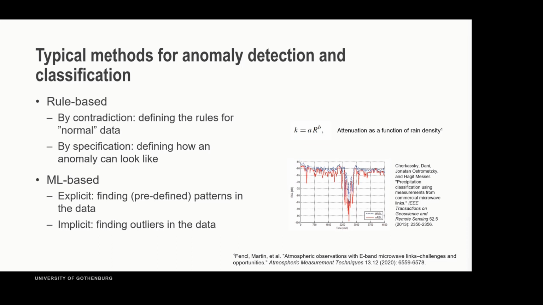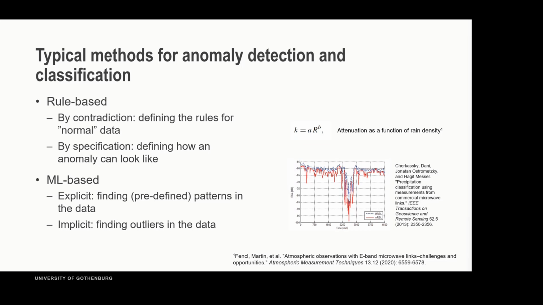We have this formula on the right-hand side, which defines how the attenuation should be. And then, of course, we can have a rain, and that describes the anomaly, so to say. And we can also have an explicit specification, when we don't talk about normal data, but we talk about the anomaly as what it actually is in the environment. We have a definition of that.